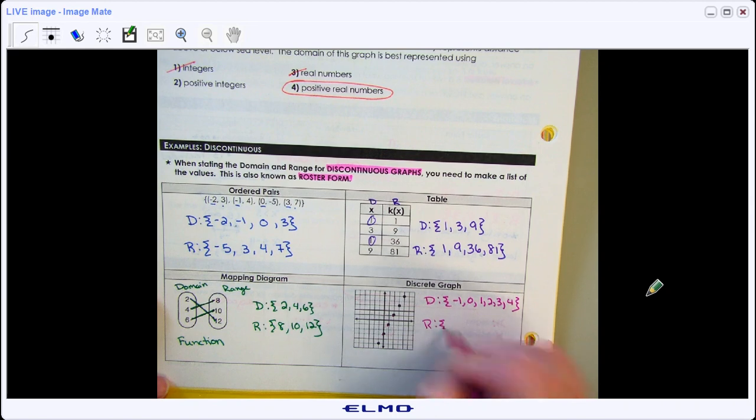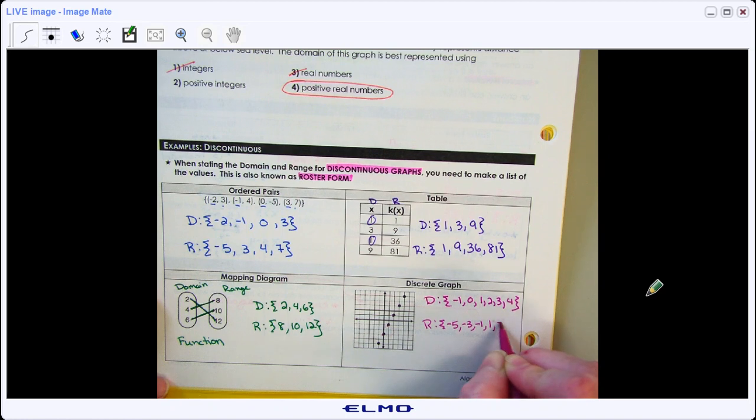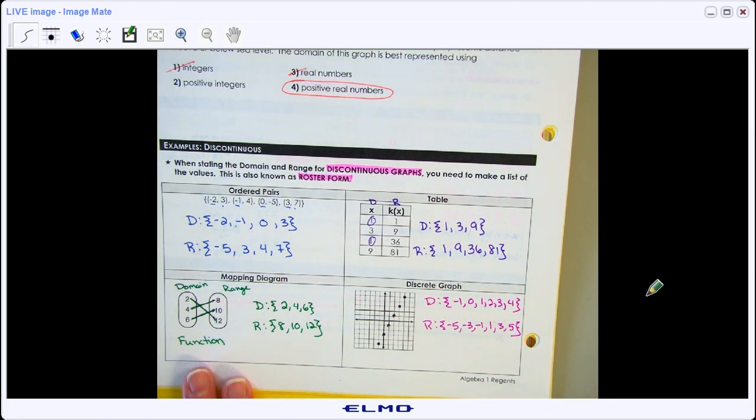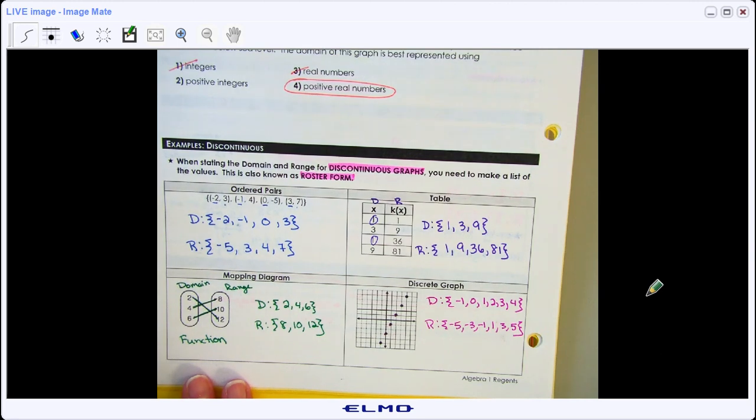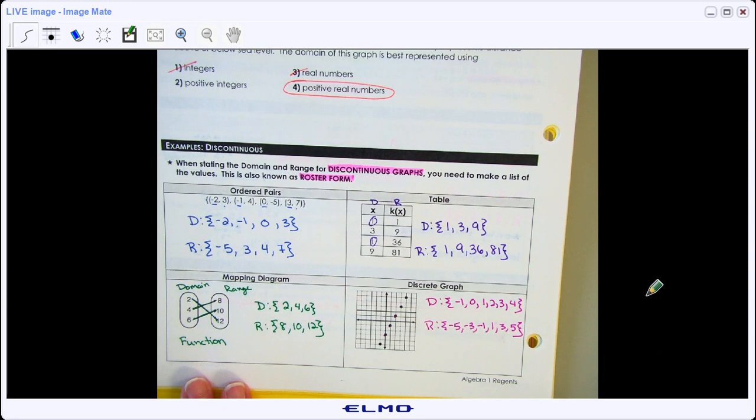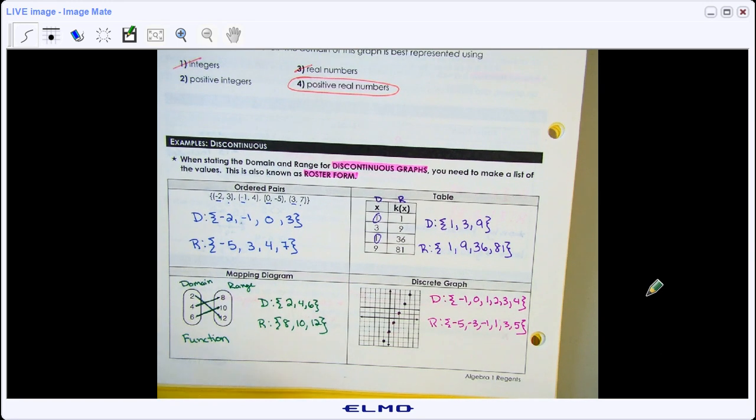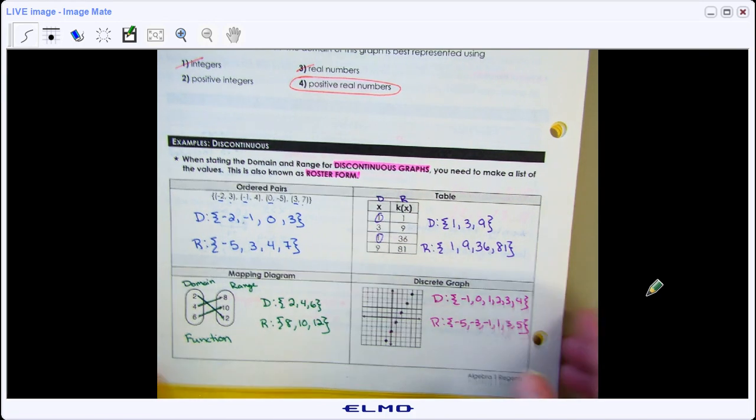Our range goes from 5 down to -5: -3, -1, 1, 3, and 5. That is where all of my points are on the y values. So with discontinuous, you list them out using roster form. You just write all of the numbers that are being used because it's not a range. It's not using anything in between those numbers.